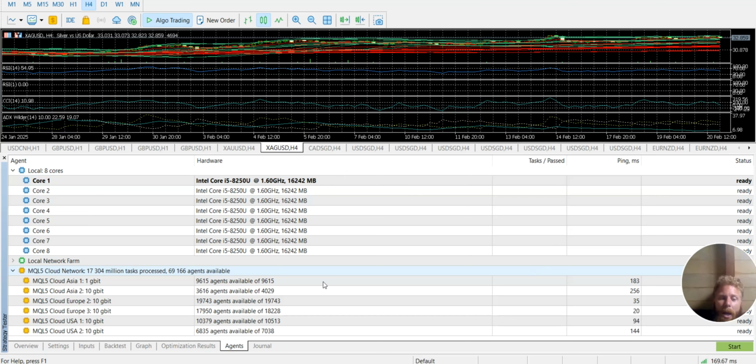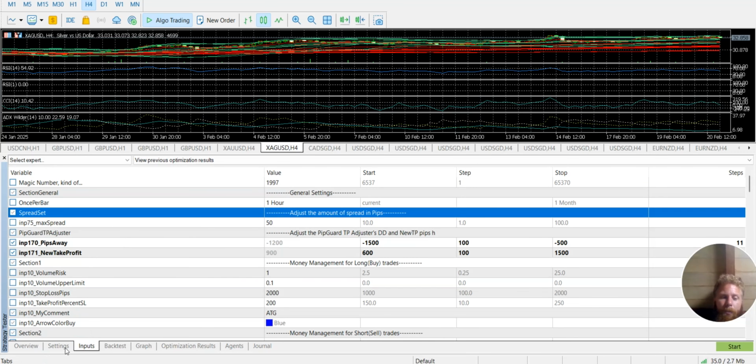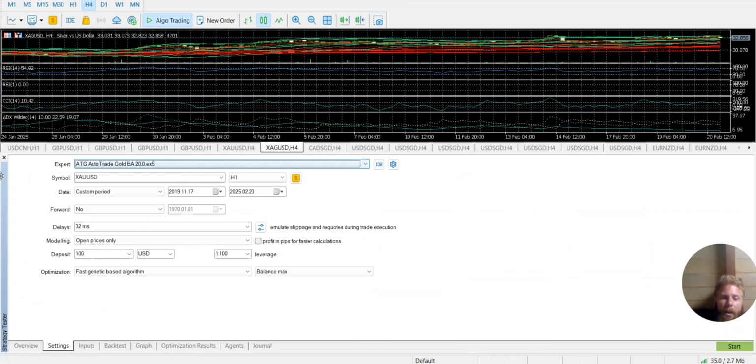Many of you asked about the cost, and I have some rules that I established, I have some tips that I can give you, and I am going to run a full cloud network testing on the ATG Auto Trade Gold EA of mine, the 20.0 version that is up on my FX book, MQL5 Signal.